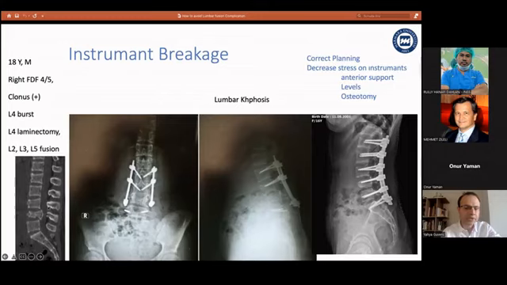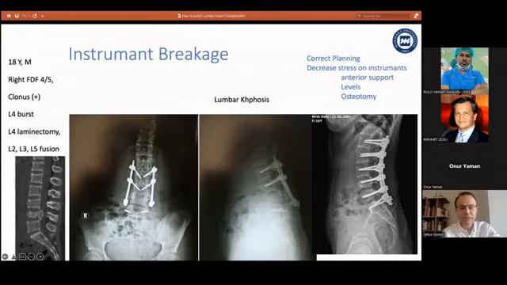For example, this patient is 16 years old. She has a burst fracture here, and she was operated on like that. If we make correct planning, we can prevent complications.